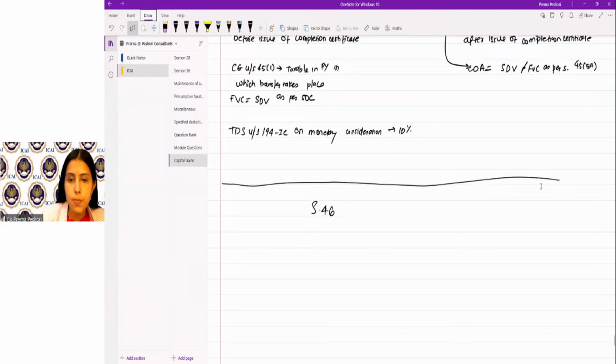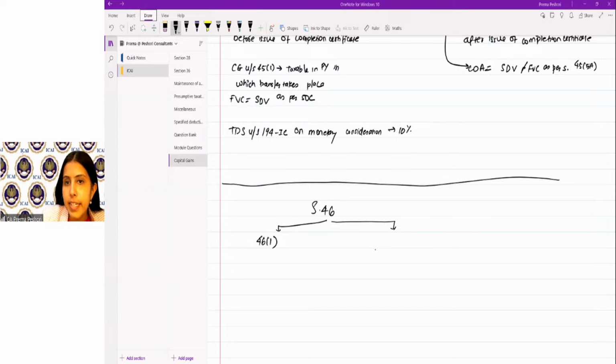Now, what does 46 provide? It says that in the hands of the liquidated company, and it also provides in the hands of the shareholder. So, let me write it down for you. There are two parts to it. 46(1), which talks about the company in liquidation, right?